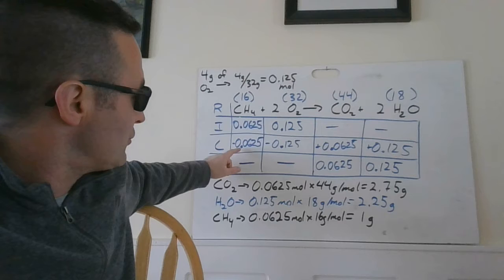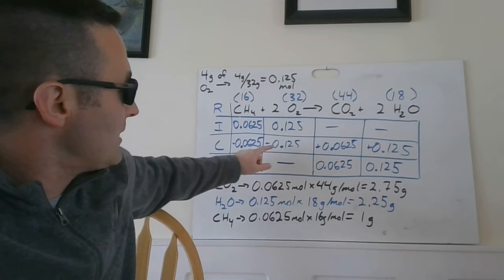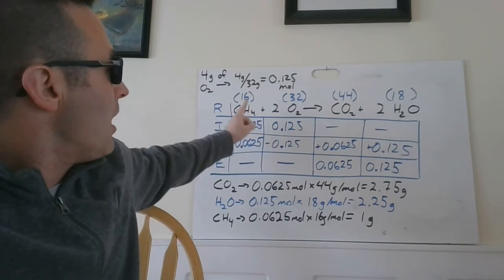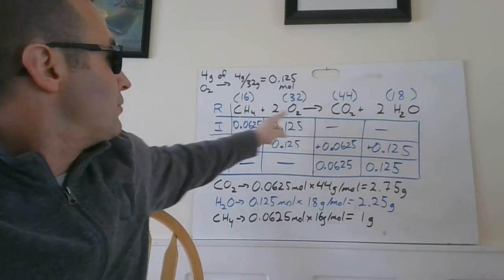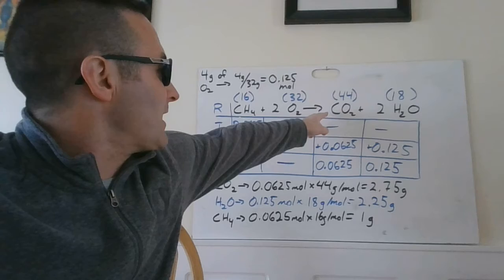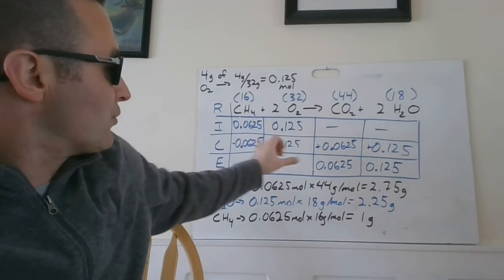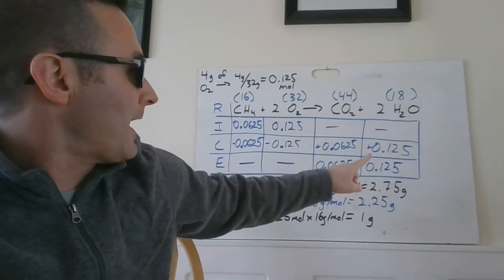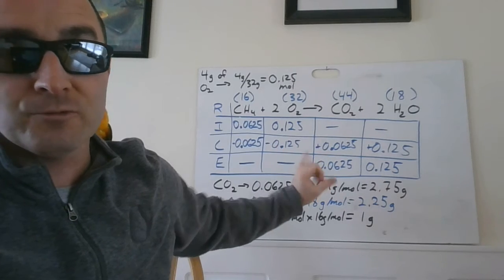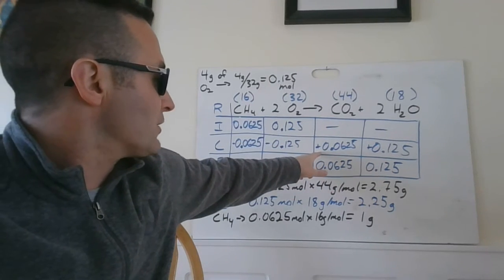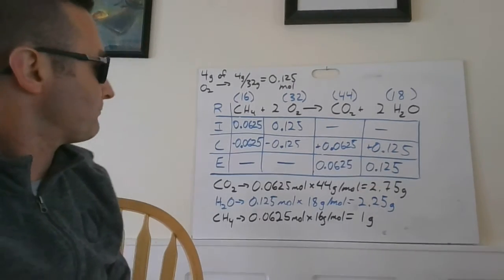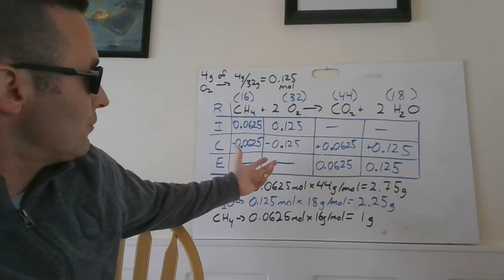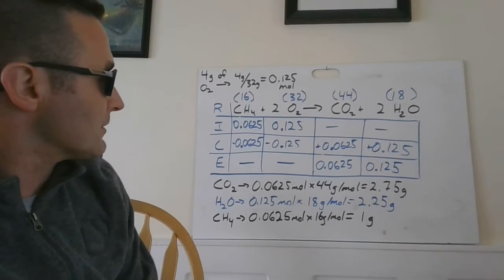So when you change, you lose all of your methane, you lose all of your oxygen. But when you make your products, carbon dioxide had a 1, methane had a 1, so they're going to flip-flop. The water had a 2, the oxygen had a 2. Those are going to flip-flop. So plus 0.0625, 0.125. So at the end, no reactants, there's your products.